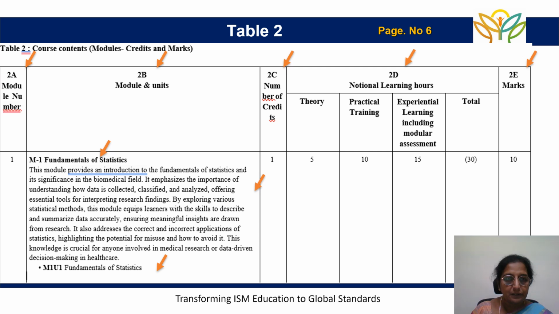So the table has columns from 2A to 2E. 2A shows module number, 2B module and units, 2C number of credits, 2D notional learning hours allotted for theory, practical, experiential learning and overall total. Finally, 2E column shows the marks assigned for the university examination. So, module 1, unit 1 contents are shown below. Now we shall see in detail.